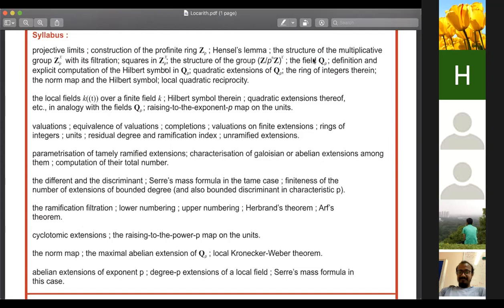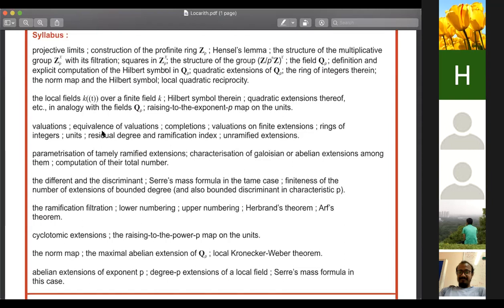Q_p are local fields of characteristic 0, and these are local fields of characteristic p. As I said, the arithmetic of these local fields of characteristic p is very similar to the arithmetic of these fields Q_p. So there's the Hilbert symbol in this situation as well, and we will determine all the quadratic extensions of these fields.